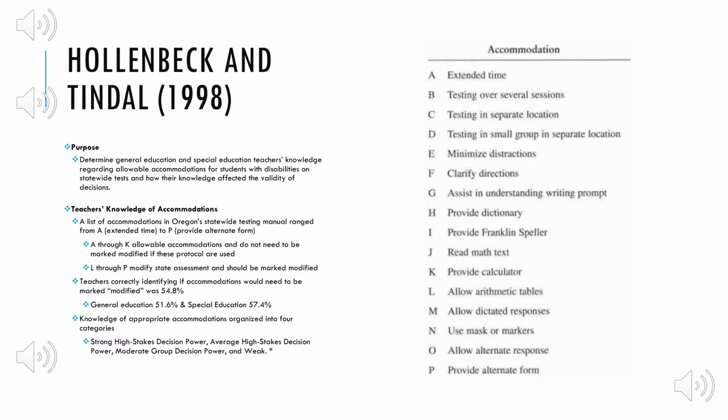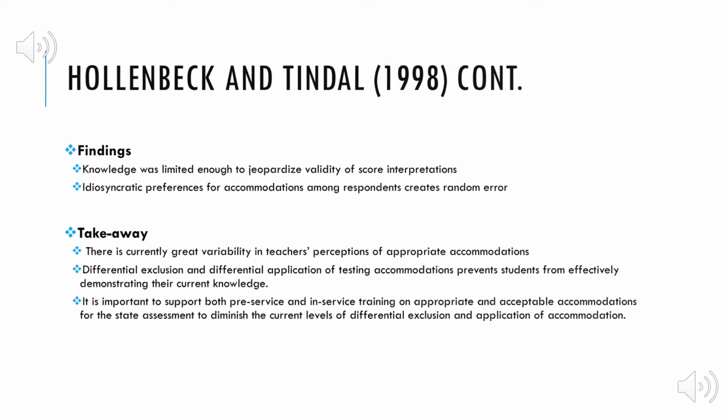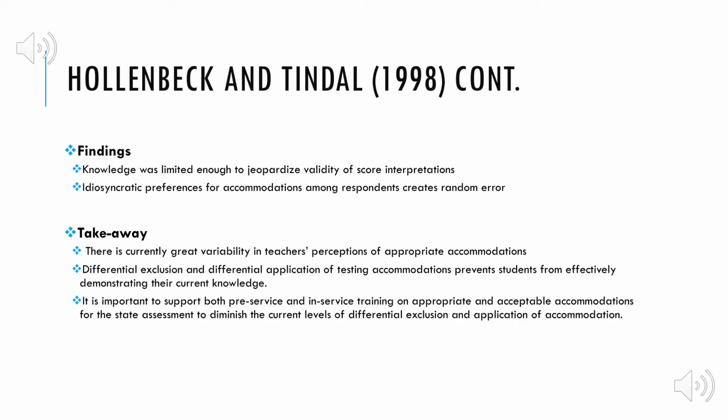Most of the teachers, 96% of them, fell into the weak knowledge group, with none of the teachers falling into the strong knowledge group. 3% fell into both the moderate group decision power and the average decision power. The results from this research study showed that teachers' knowledge of accommodations was limited enough that it put the validity of score interpretations in jeopardy.